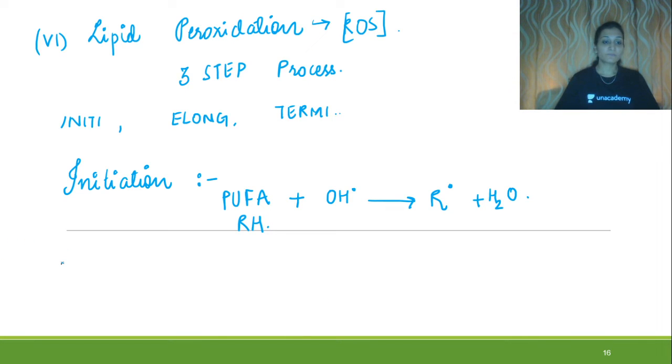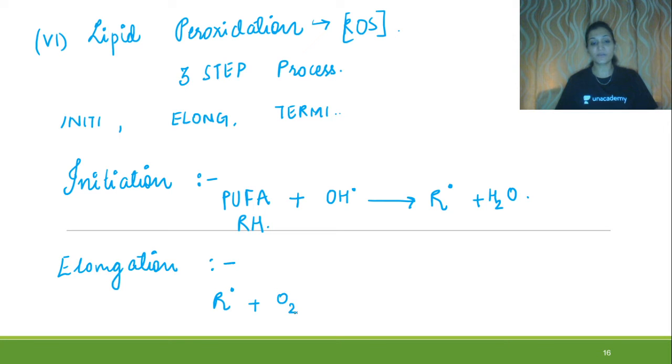Now in elongation, this reactive carbon species will further react with oxygen, and it will lead to the formation of ROO, which is called the lipid peroxide radical.